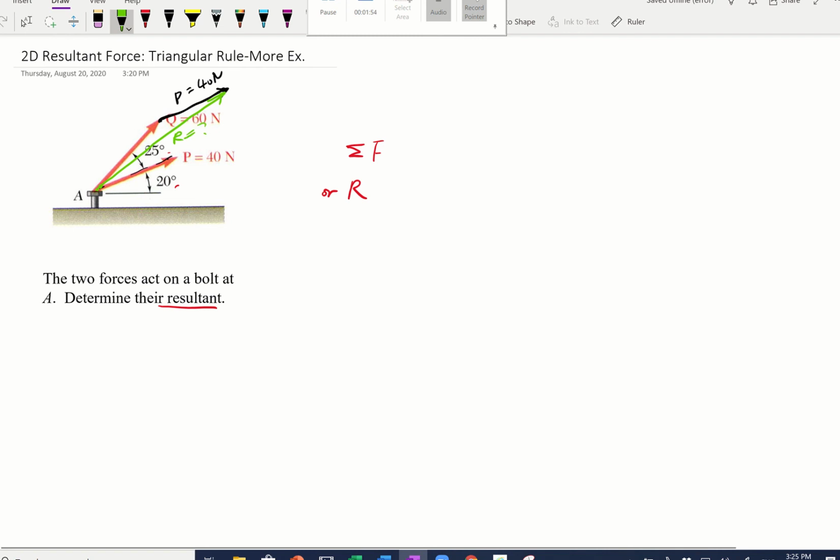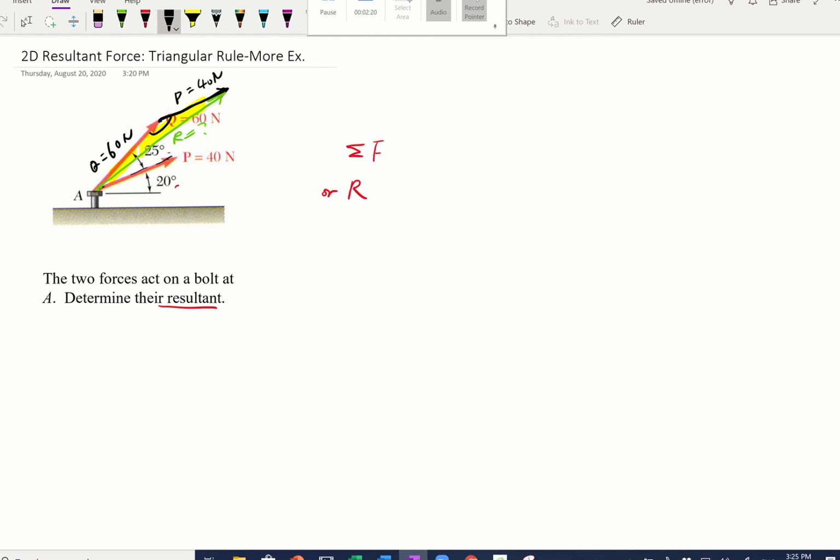Now let's look at this triangle right here. This force is 60 Newton because that's your Q, and this side is going to be your P, 40 Newton. Do we know the angle between them? Can we find it?